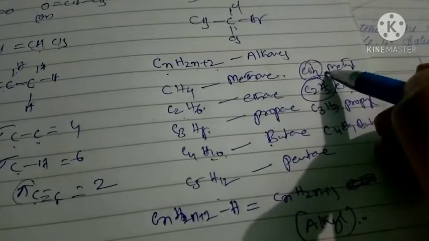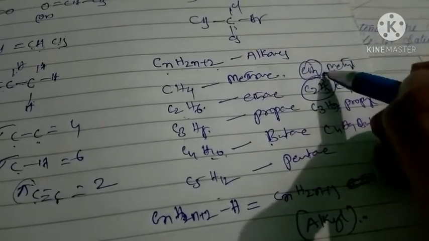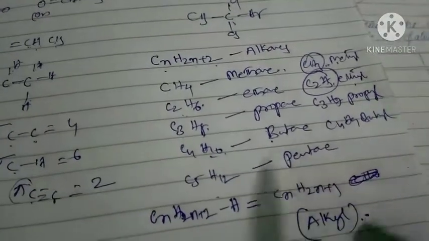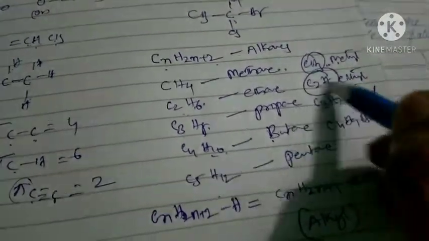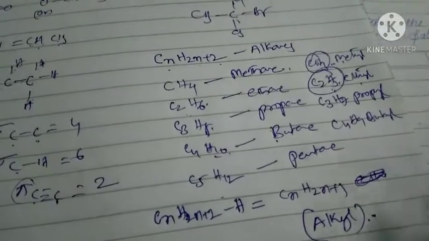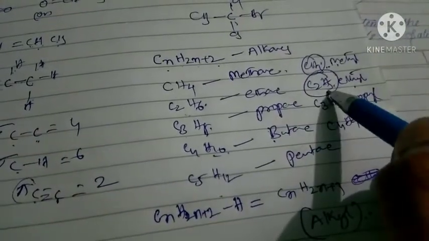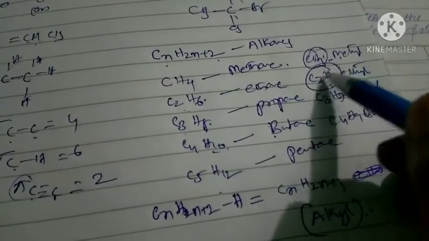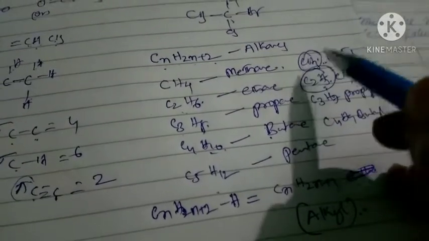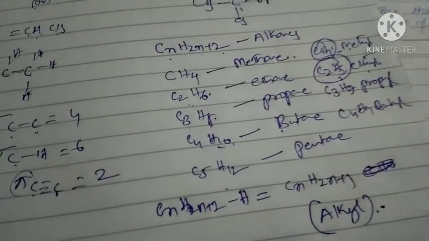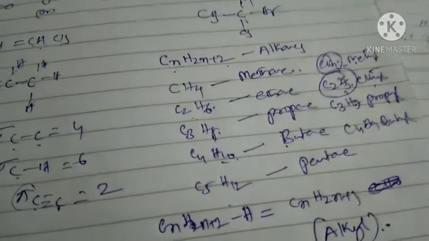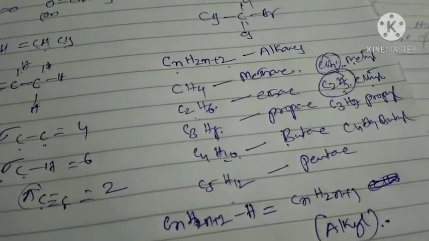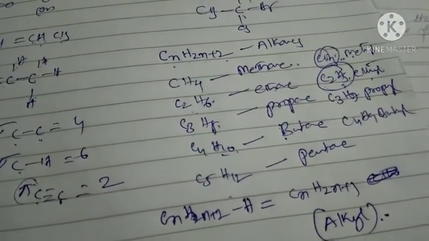Wherever CH3 is present, you should think that is methyl. Wherever C2H5 is present, that is ethyl. Mostly we get these groups as branches in organic compounds. So if you remove one hydrogen from an alkane, you get an alkyl.